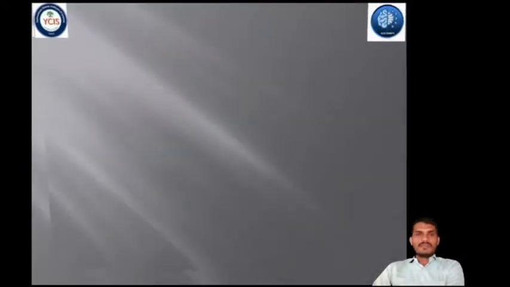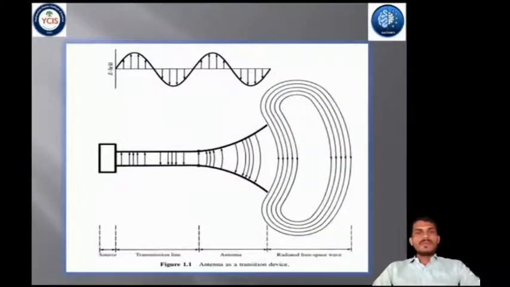See carefully. This is the transitional structure of the antenna. In that diagram, you can see that this antenna is placed in between the transmission line and the radiated free space wave.